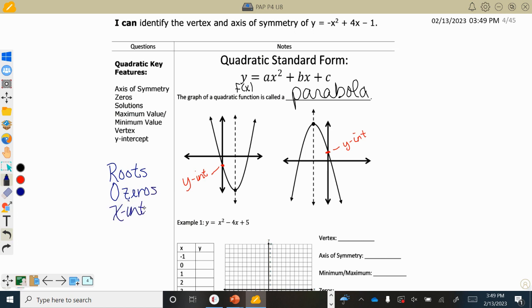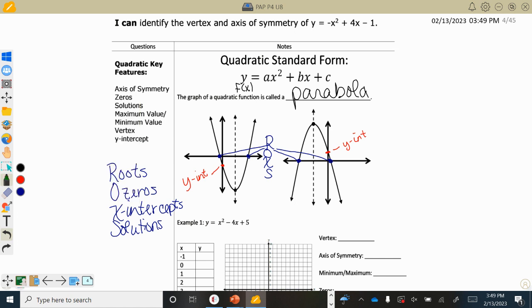And on a quadratic, we could have up to 2 of these x-intercepts, or solutions, or zeros. So we've got one here, one here, one here, one here. These are all under the ROCKS acronym. Okay, they're all our roots, zeros, x-intercepts, or solutions.